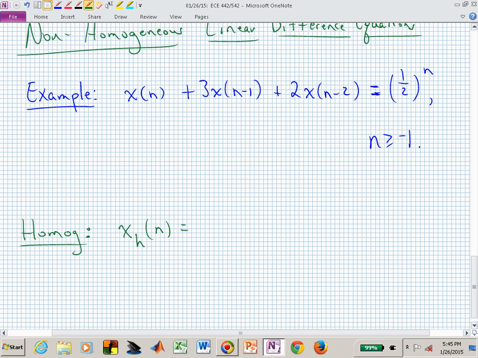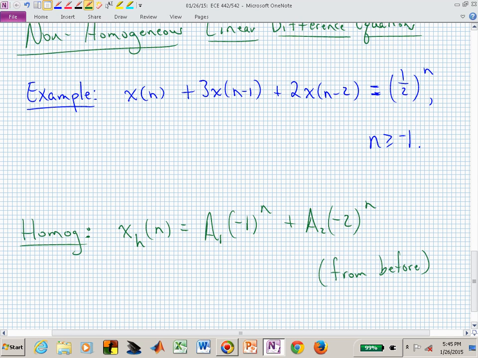Our z's were, for these coefficients, -1 and -2. And our homogeneous solution was some coefficient a sub 1 times (-1) to the n plus a sub 2 times (-2) to the n. That really hasn't changed. That's exactly what we solved last time.